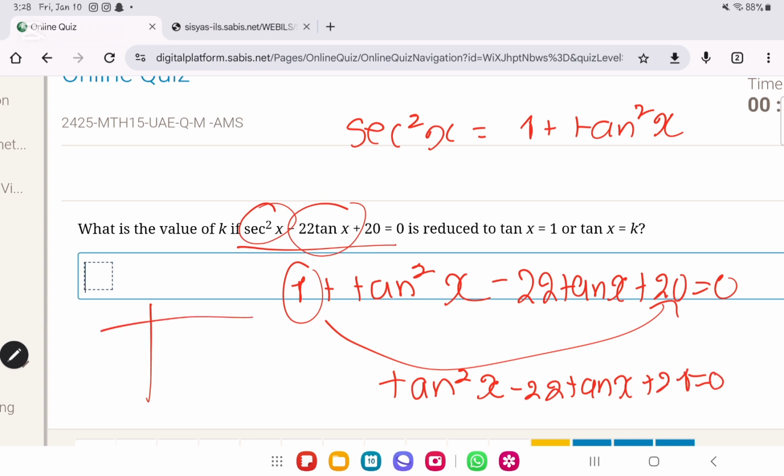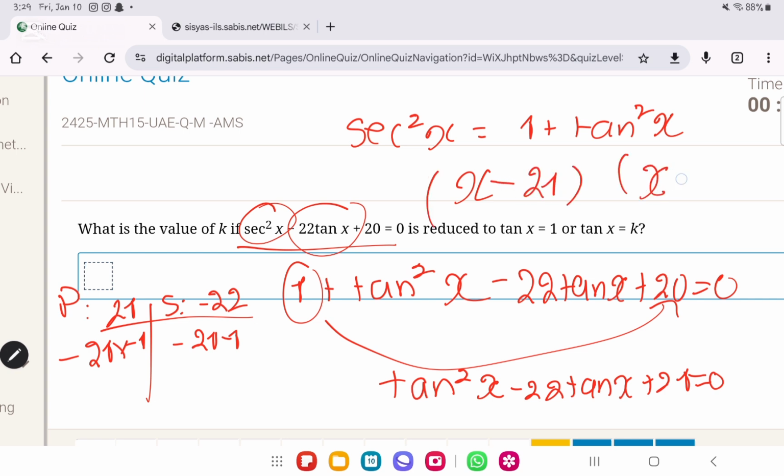Then again, we are going to solve it by the product sum method. So what gives us a product of 21 and a sum of minus 22? Definitely minus 21 and minus 1. Now, that means that our answer is x minus 21 times x minus 1.